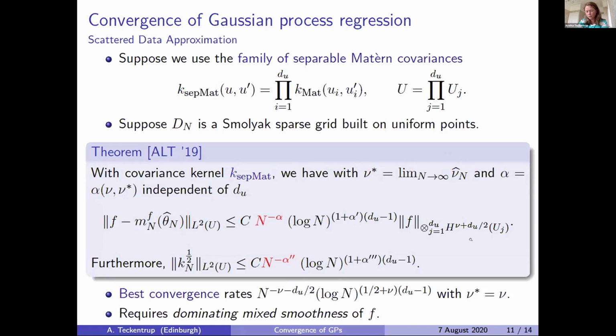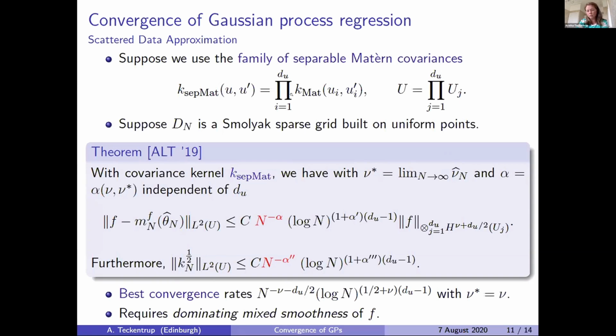These correspond to tensor products of one-dimensional Sobolev spaces, and these are much smaller spaces, and you have a lot more control on the mixed derivatives, which is why they're called spaces of dominating mixed smoothness. The setup is otherwise quite similar.